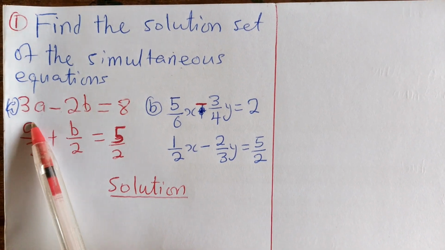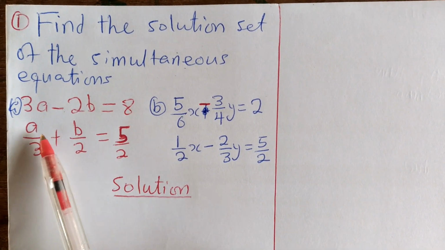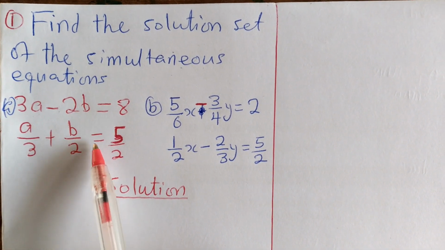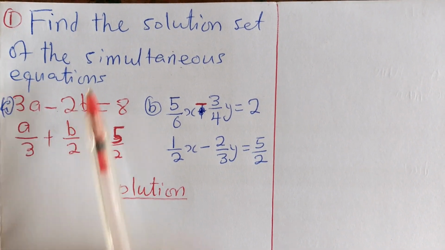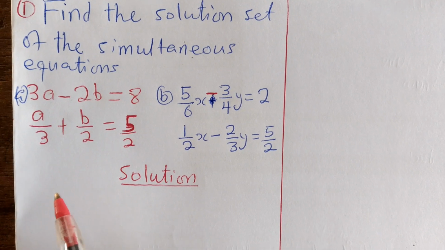It says that 3a minus 2b is equal to 8, and then a out of 3 plus b out of 2 is equal to 5 out of 2. They say find the solution set of the simultaneous equations.